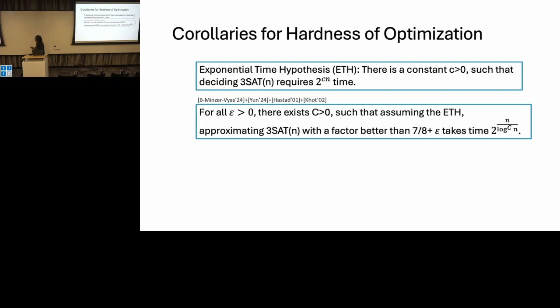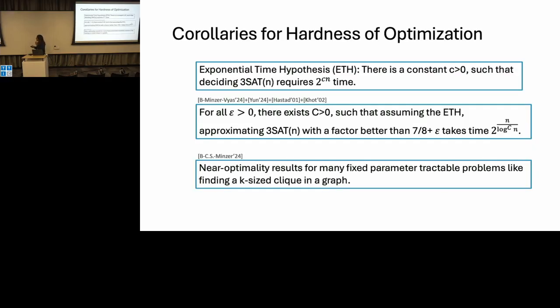And intuitively, this polylog n comes from the polylog n loss in the size of our PCP. And you can get similar corollaries for other problems like 3-LIN and so on. And we also get corollaries for many fixed parameter tractable problems like finding k-cliques in graphs.